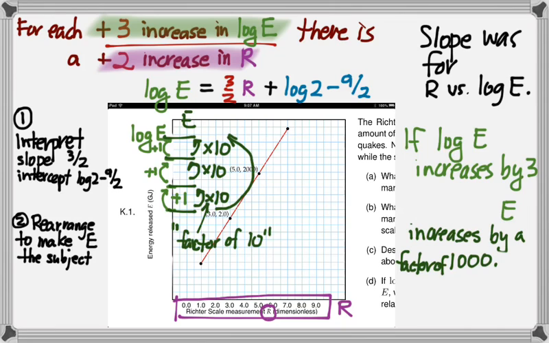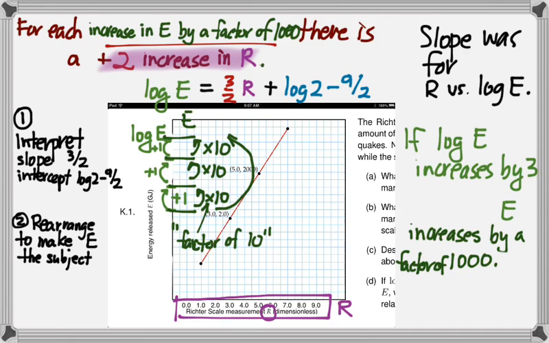So, all told, how we can interpret the slope of this linearized relationship is I'm just going to take this numerator, wipe it out, and rewrite it to say that for each increase in the energy released by a seismic event by a factor of 1,000, there is a corresponding 2-point increase on the Richter scale.